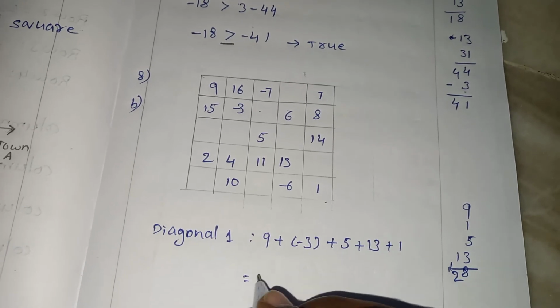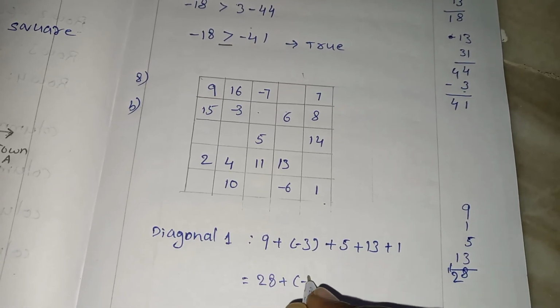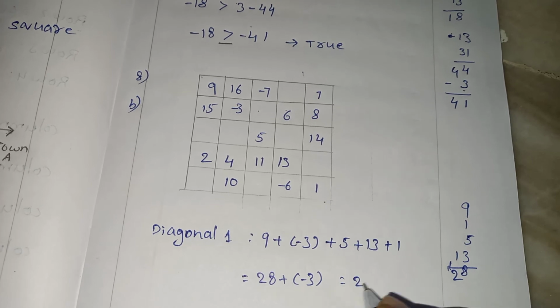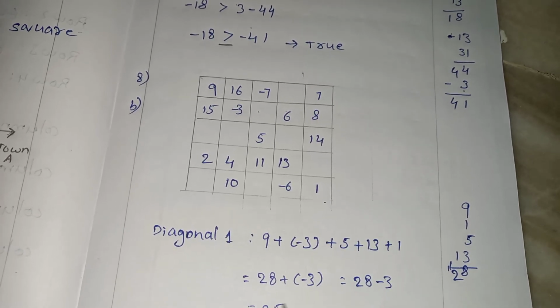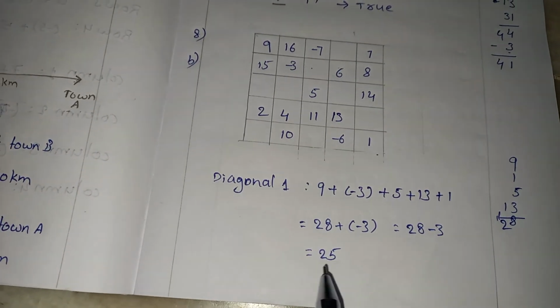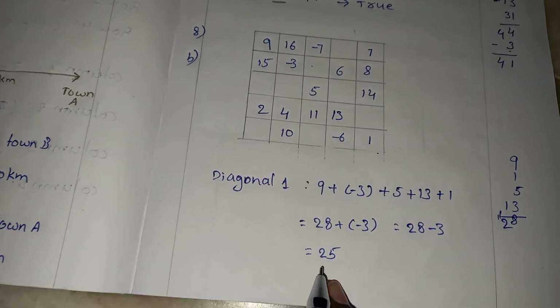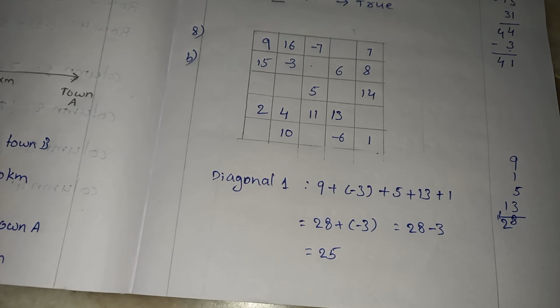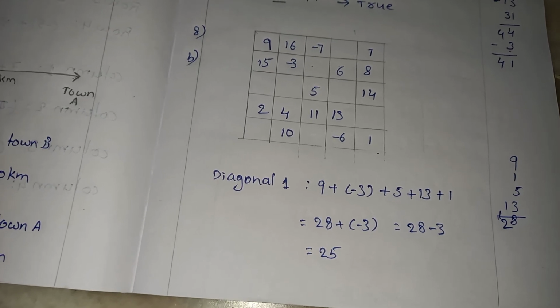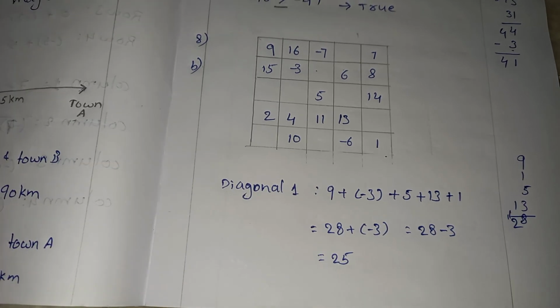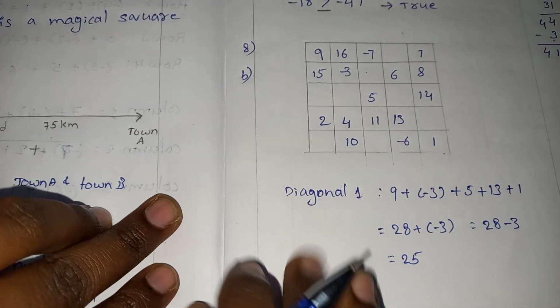So the answer is 28 plus minus 3. 28 minus 3 means 25. So 25 is the answer. When the diagonal is 25, all the columns and rows are also the same. So by using this, let us write the missing numbers one by one.